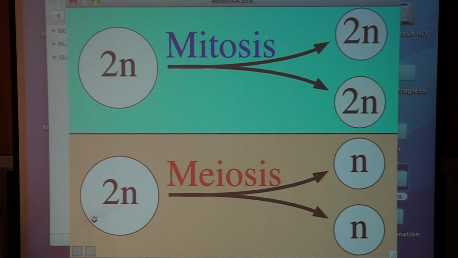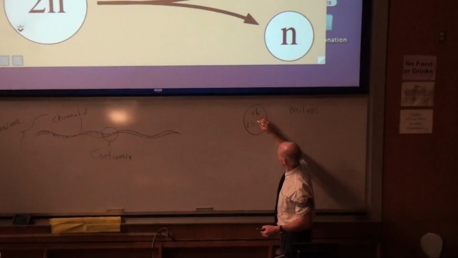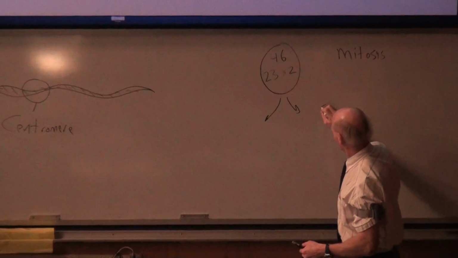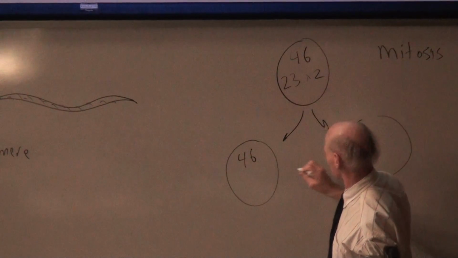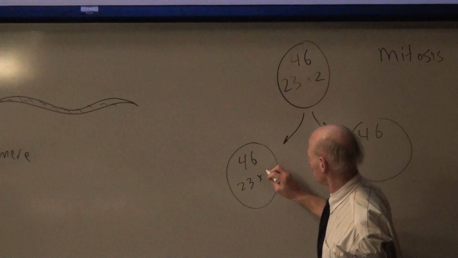If this is mitosis, remember, human cells have 46 chromosomes, so two sets of 23. And each daughter cell then ends up with 46 chromosomes, two sets of 23.